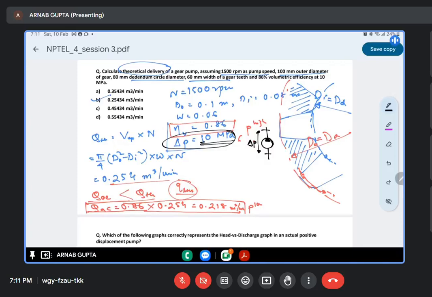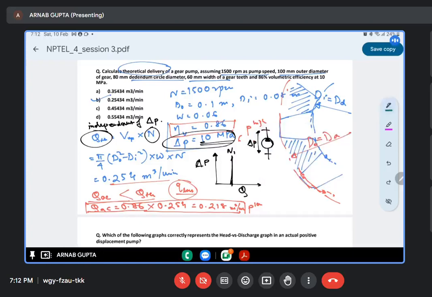This is because, like we just discussed, this particular QT is independent of delta P. So if we try to see the graph of how delta P versus Q looks like at a given speed N1, say, for an ideal pump, this should be how the curve looks like.